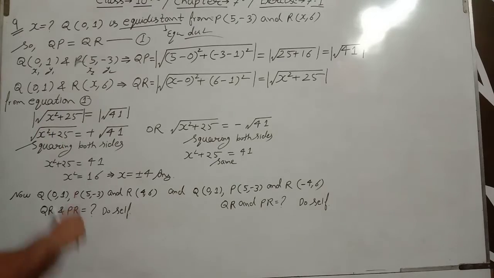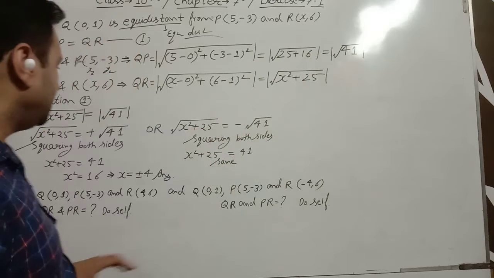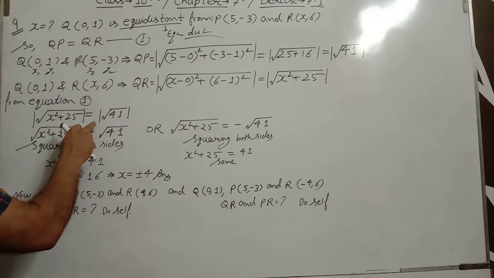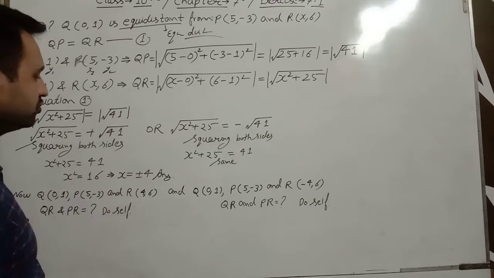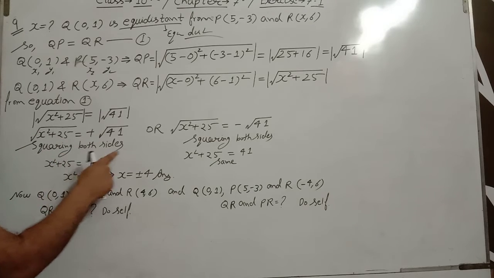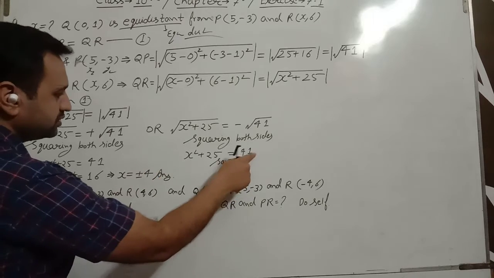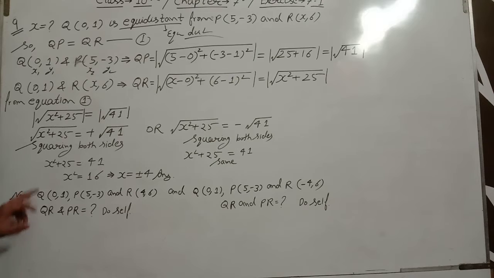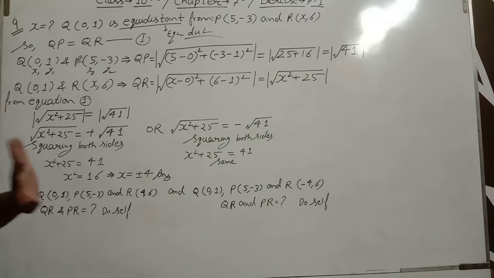From equation number 1, we put QP and QR both equal. To remove the sign of modulus, we apply positive and negative in RHS, so we divide the question into two parts. To remove the under root, squaring both sides. Both equations are the same, so we stop here. After calculating, x equals plus or minus 4, it is your answer.